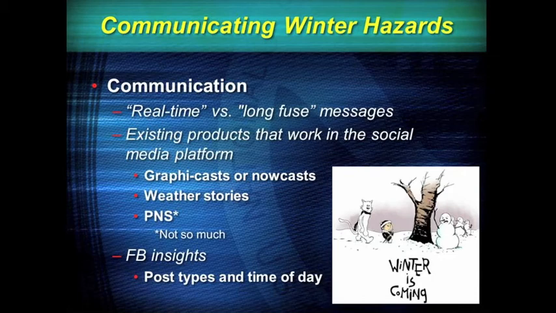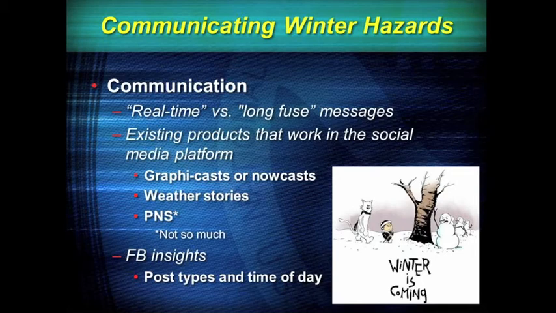The other thing you want to go over is Facebook Insights. This really will depend on your audience as far as post types, as well as when you want to post these messages. When it comes to real-time messages, time of day really gets thrown out the window. You want to make it as informative as possible, and if it's 10 p.m. or midnight, you just try to make it as relevant and as timely as possible.